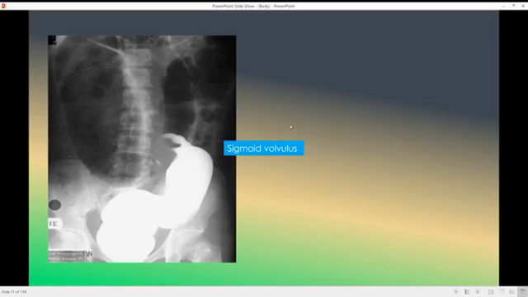This is the sigmoid volvulus with bird's beak sign, and here is a coffee bean sign.